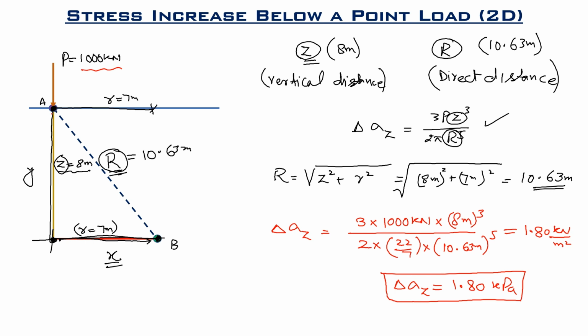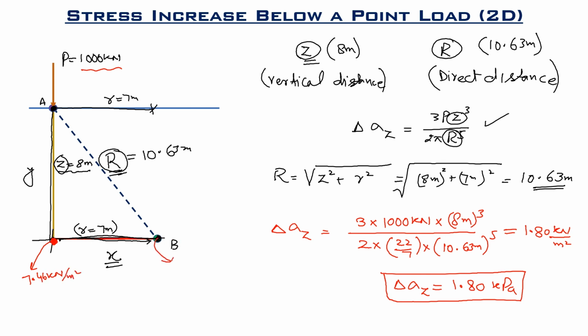In this way we can calculate the stresses at any point below the loaded point. So what did we observe from these two cases? In the first case, this was our point to determine the stress increase, and we got a stress of 7.46 kilonewton per meter square.